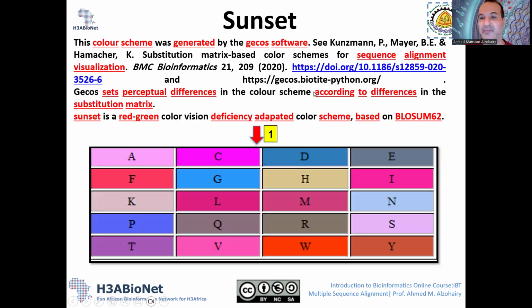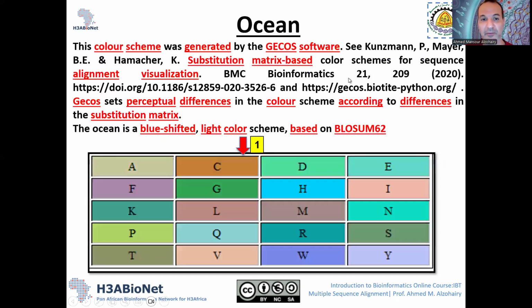Also, from this group, we have Sunset. This is also a coloring scheme generated by the JCOS software, with the same reference here. Sunset is a red-green color vision deficiency adapted color scheme, also based on the Blosum 62. So these three of them are new actually, and you can find them easily and recently in Jalview.